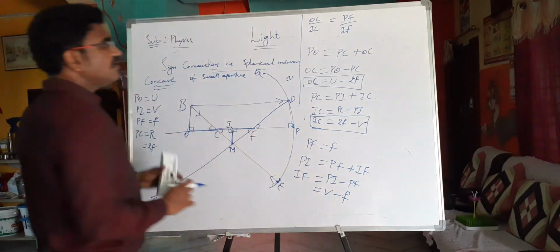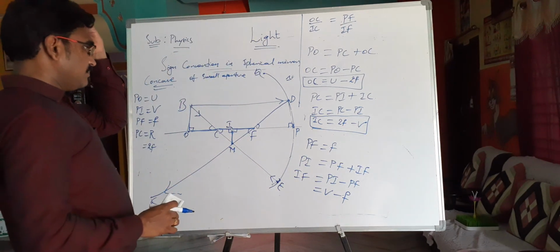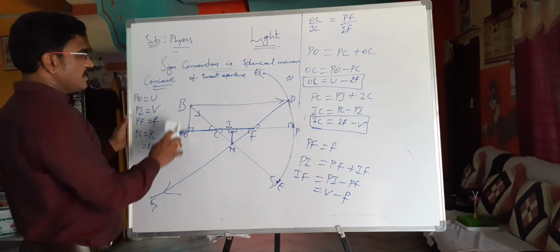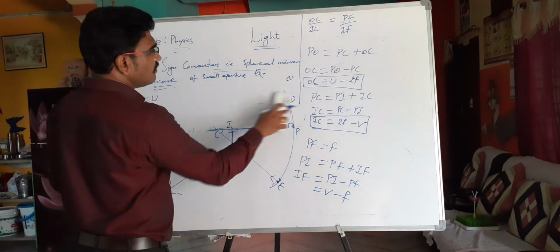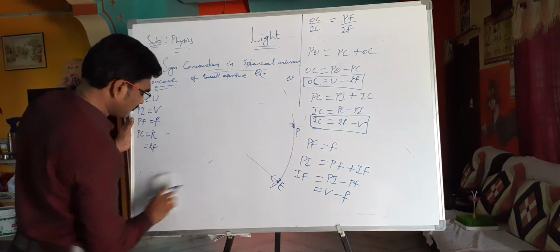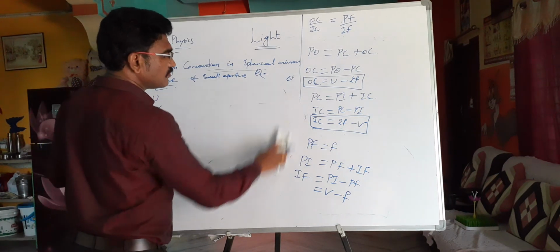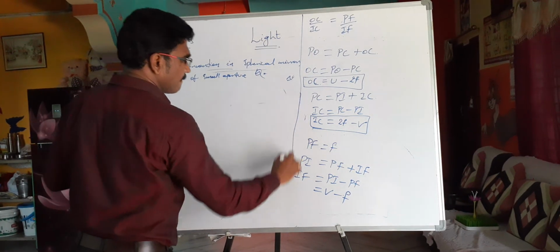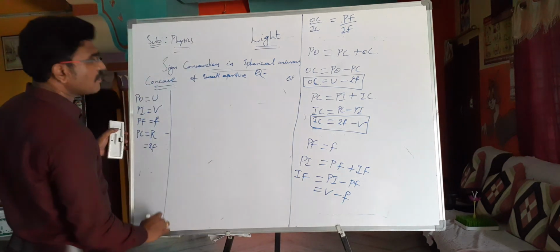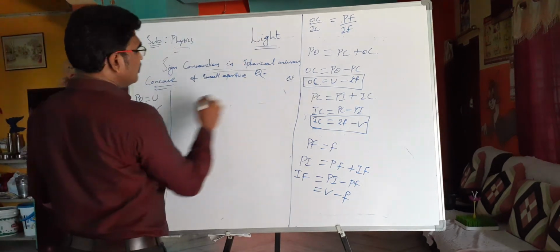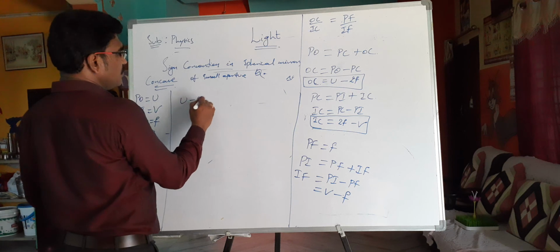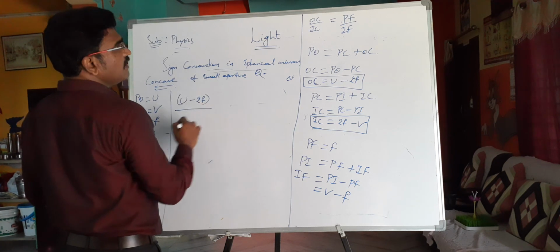So you see, I got all the values. Now I will substitute the values here. What is OC value here? OC value is U minus 2F by IC.